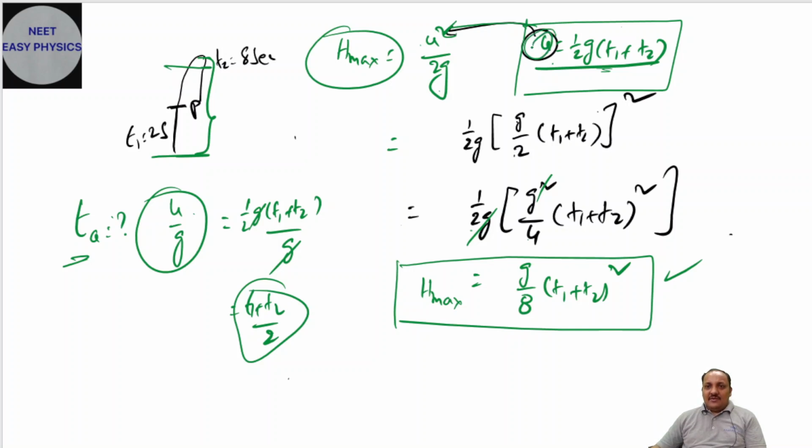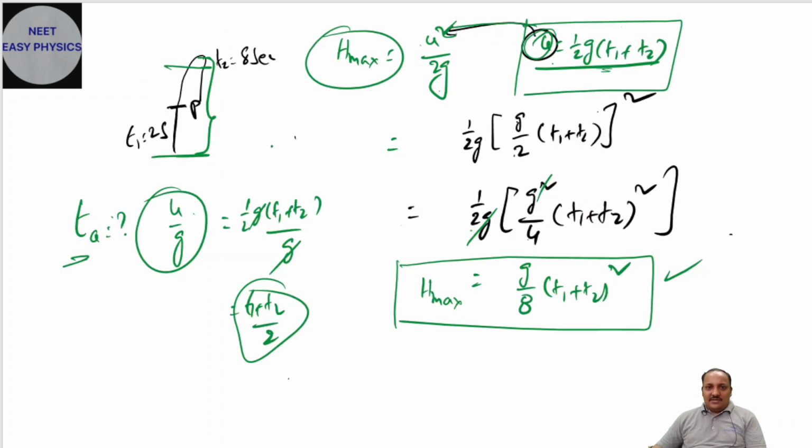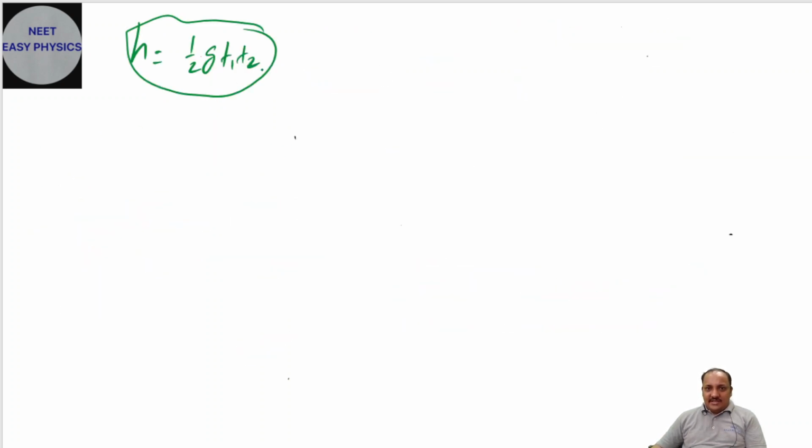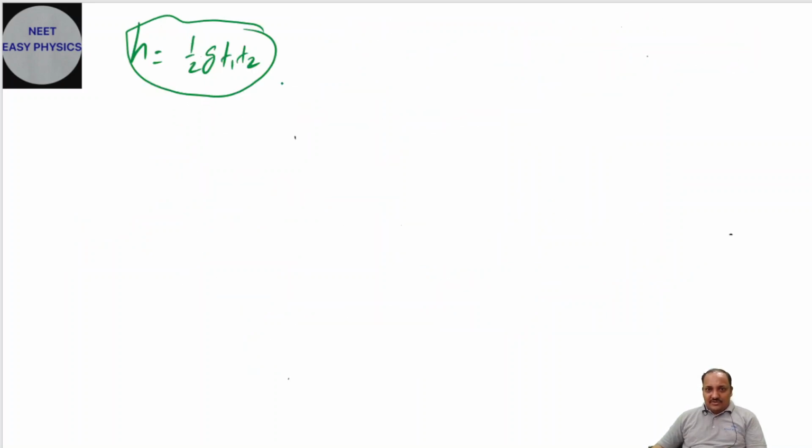Okay, so if you want to compare the previous equations and this one, h is going to be the same, g by 8 into t1 t2, as in the previous concept. Which concept? This one. Three cases, t1, t2, t3, they gave. In that concept, what you got for height and in today's concept, what you got for height, both are going to be the same.